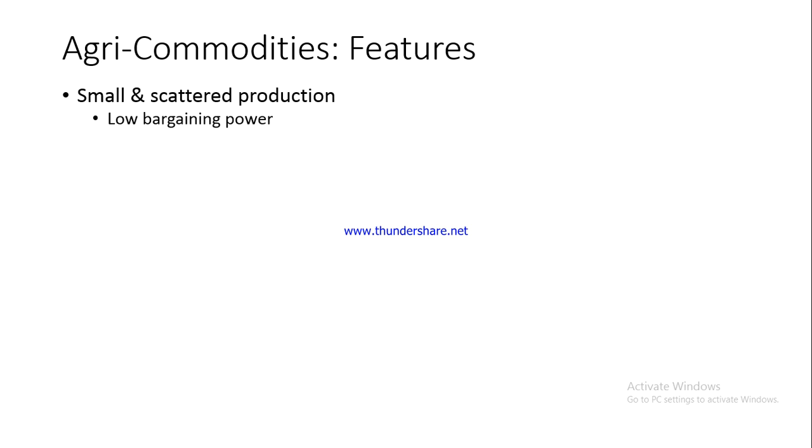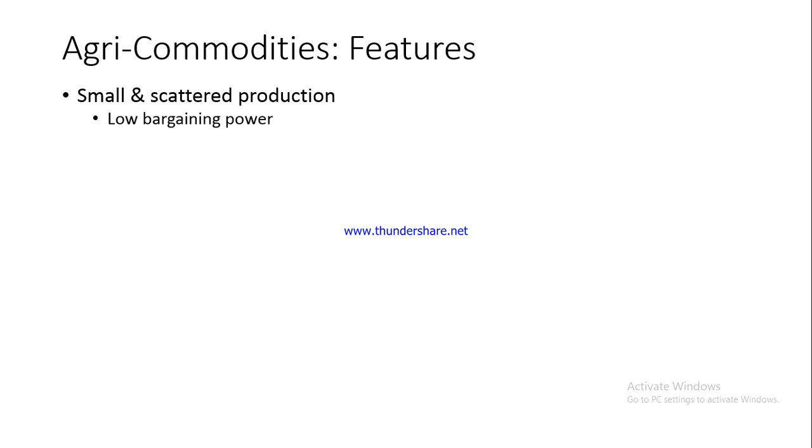Now what is the implication of this? Now please understand, for an intermediary who is buying from the farmer, he has got so many options. If one particular farmer is not offering him the price that he wants, then he can always switch to some other farmer.